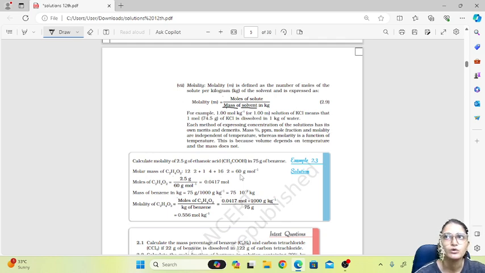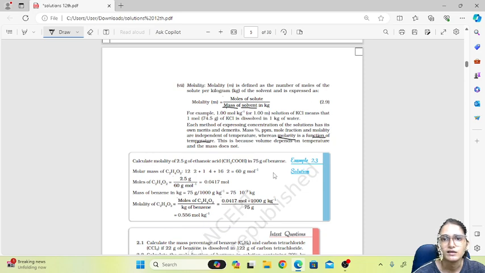The only difference between molarity and molality is that molarity depends on the volume of the whole solution, in liters, and molality depends on the mass. So molarity is a function of temperature, since volume depends on temperature and mass does not. Mass does not depend on temperature, but volume does.